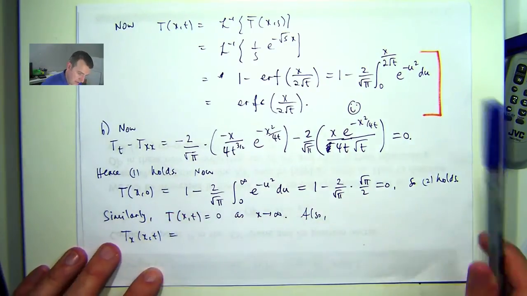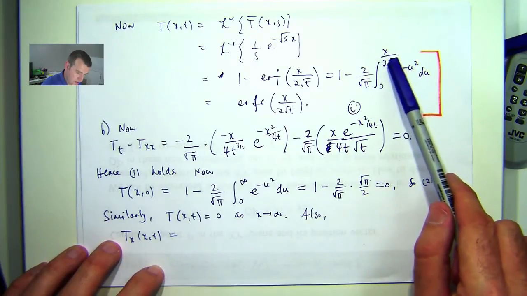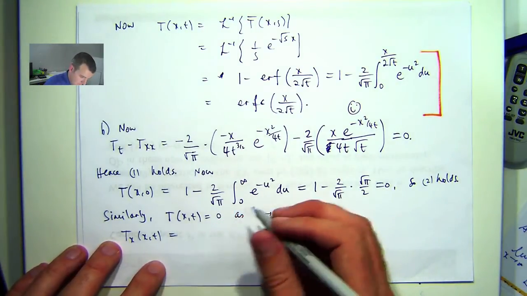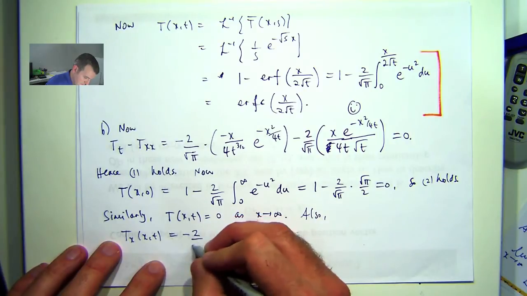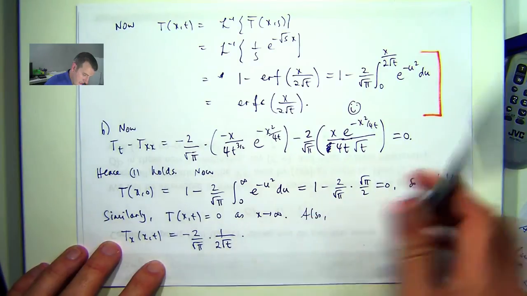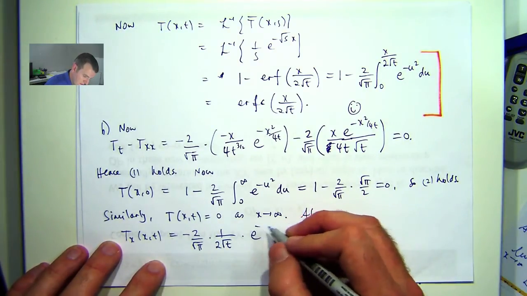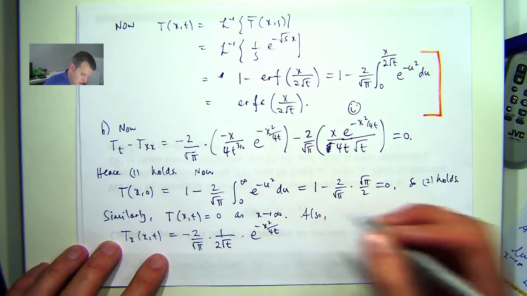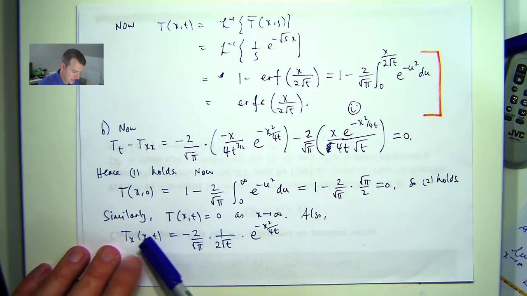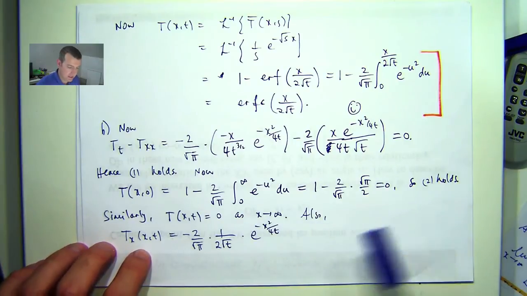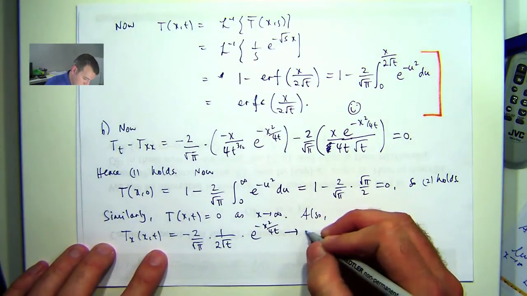Again, fundamental theorem of calculus: 1 on 2 root t is going to come to the front, and you replace u with x on 2 root t. So what happens as x goes to infinity here? Well, this exponential is going to drag everything down, so this will actually go to 0.